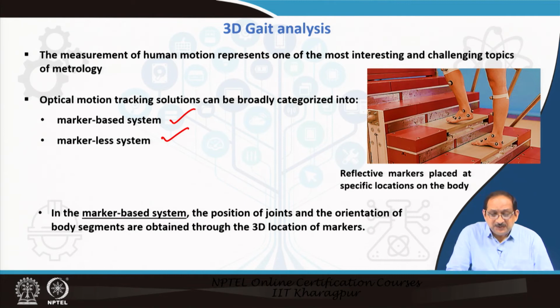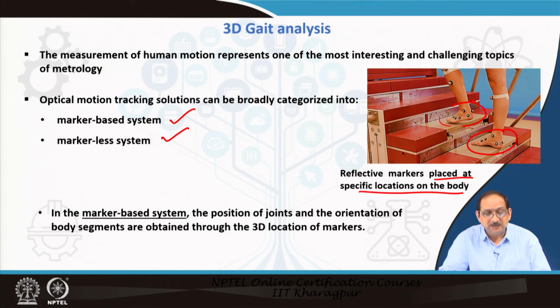These markers are fixed on the subject's body, and the motion is captured by a calibrated multi-camera system. So, you can see the reflective markers here placed at specific locations on the body.